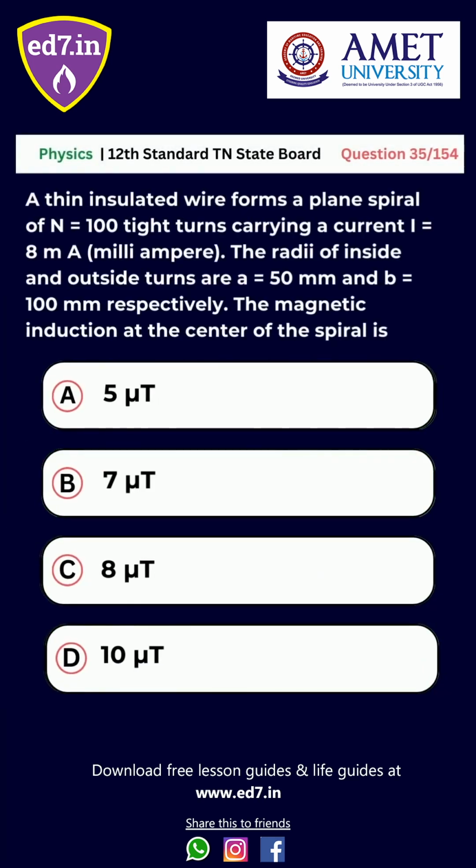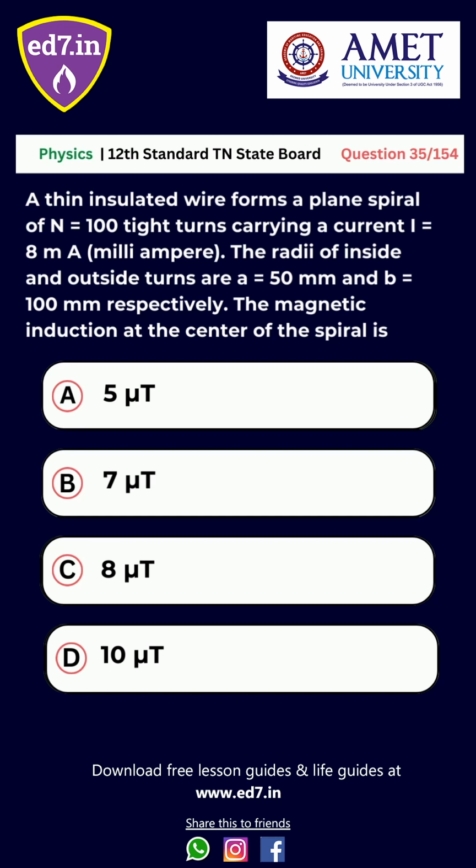Question number 35. A thin insulated wire forms a plane spiral of n equal to 100 tight turns carrying a current I equal to 8 mA, that is milliampere. The radii of inside and outside turns are A equal to 50 mm and B equal to 100 mm respectively.